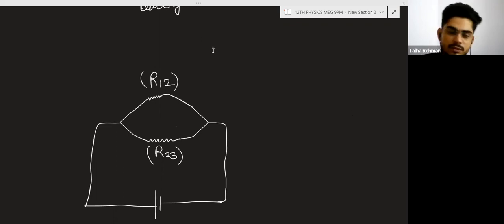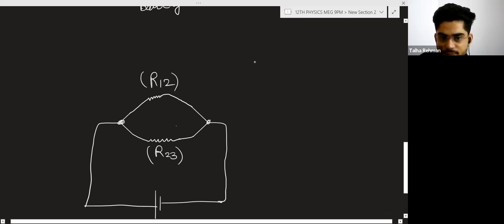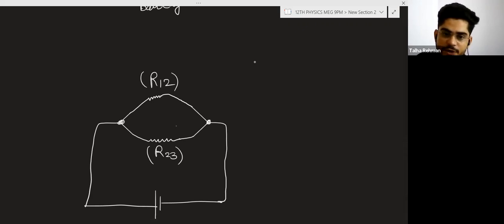Okay, Hamza. I have told you earlier also, this resistance and this resistance are connected end to end. This R12 is connected from this end and this other resistance is also connected from this end.